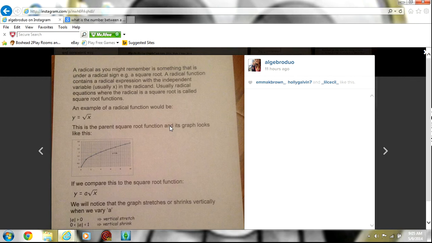An example of a radical function would be y equals radical x. This is the parent square root function, and its graph looks like this. If we compare this to the square root function y equals a radical x, we will notice that the graph stretches or shrinks vertically when we vary a. So yes, we did work on this in class. It's the vertical stretch and the vertical shrink, so I know you guys all can relate to this.